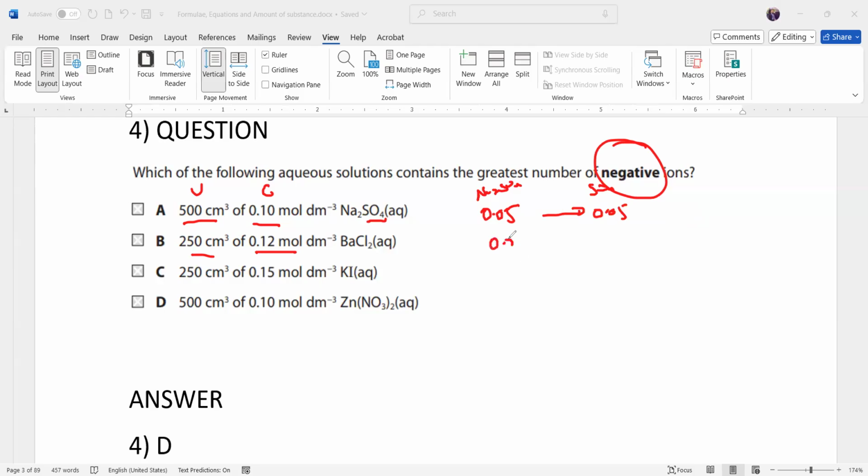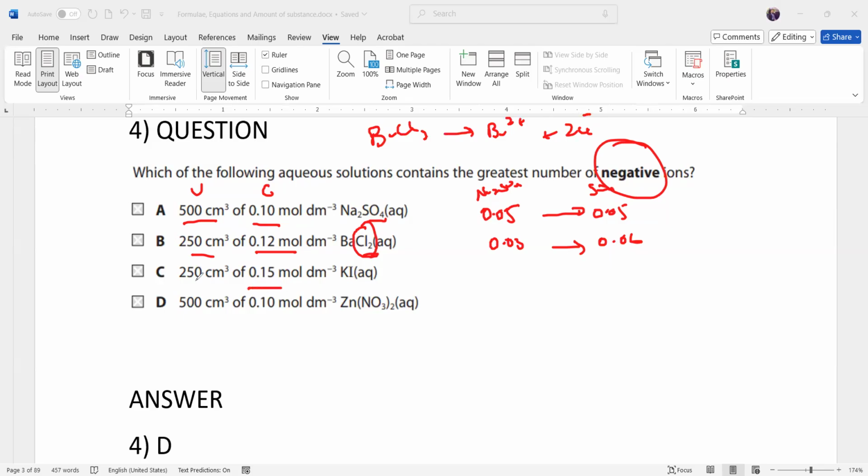So we got 0.03 moles. And how many negative ions are there? Two chloride ions. So this will become twice, 0.06. Why twice? Because when barium chloride is there, it will produce one barium ion and two chloride ions. So the negative ion will be twice the moles of the compound.